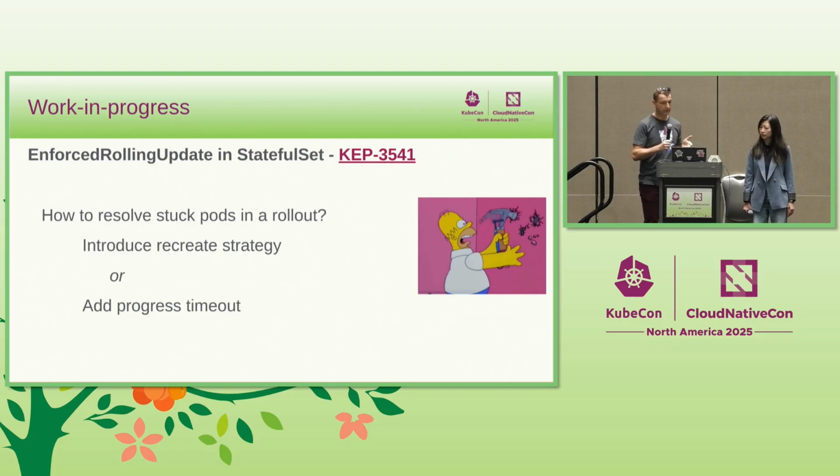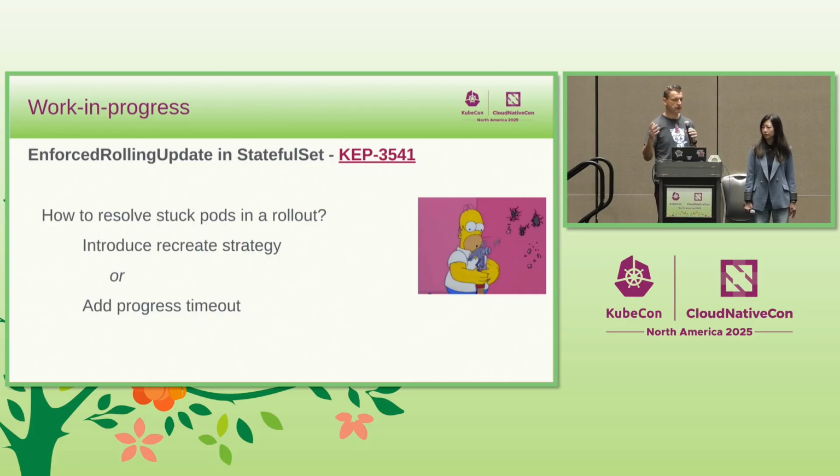Another interesting topic that we started talking about recently again, but it was in the works for over a year or so, but we didn't get the necessary involvement for people to actually push this through, was basically what to do in case of a stuck deployment.